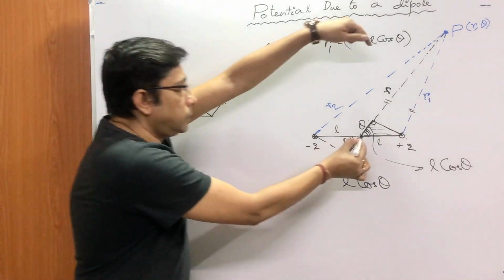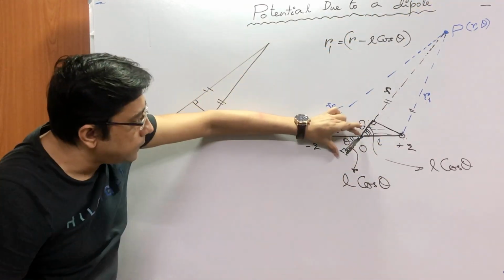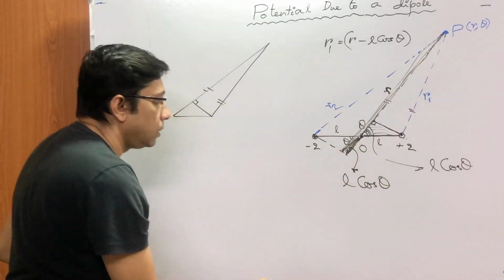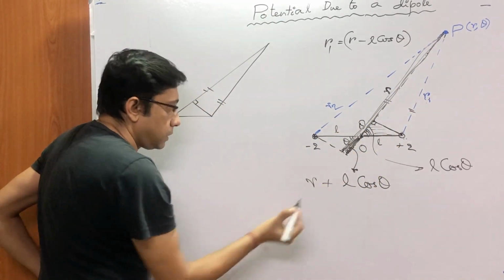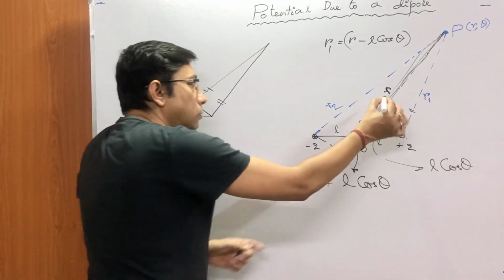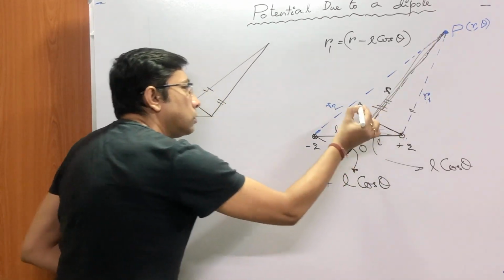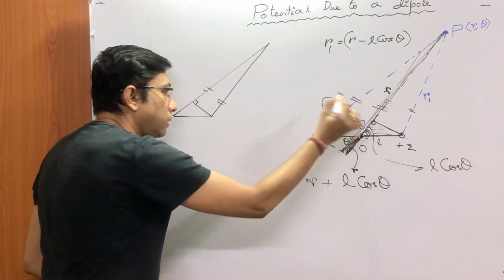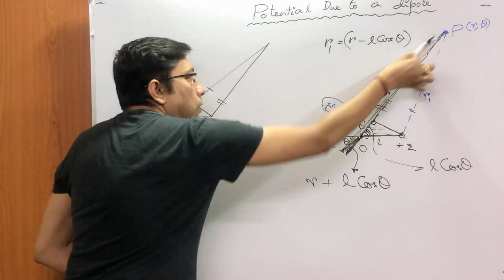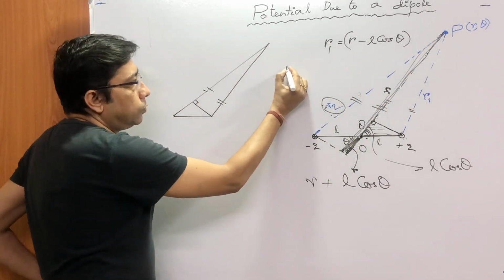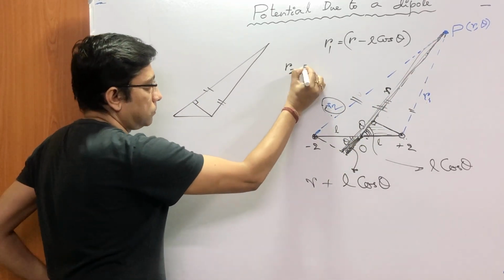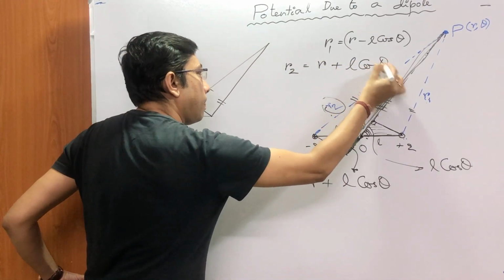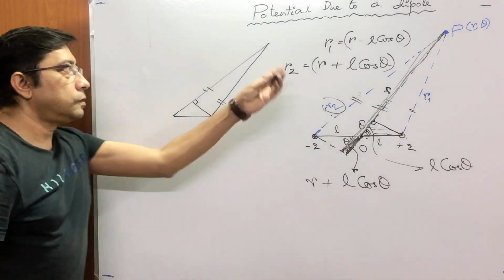So this much is R and this part is L cos theta. So the total length of this would be R plus L cos theta. Now this total part will be nearly equal to R2. So R2 would be given by R plus L cos theta. These are the two ideas.